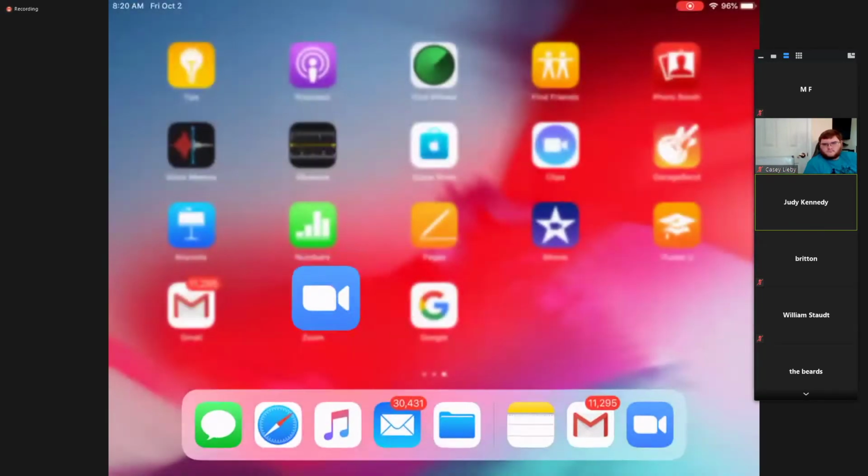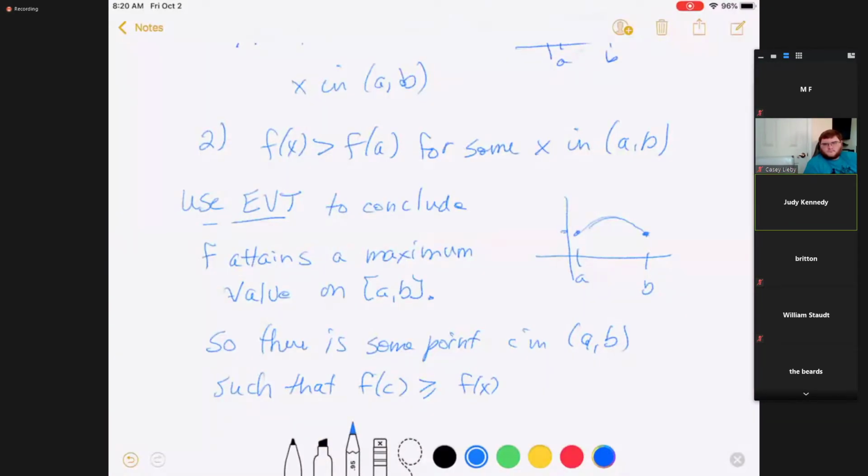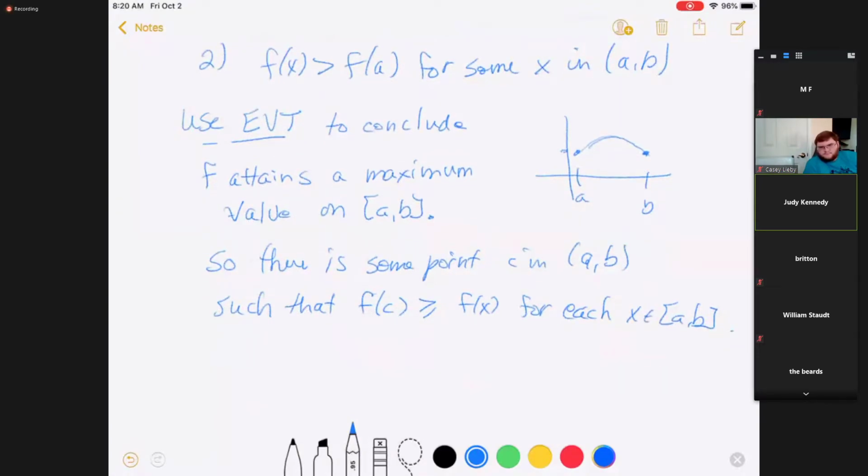All right, there's some point C in A B such that f of C is greater than or equal to f of x for each x in the interval, and that's got to be, well, it's an absolute maximum, but it's also a local maximum.